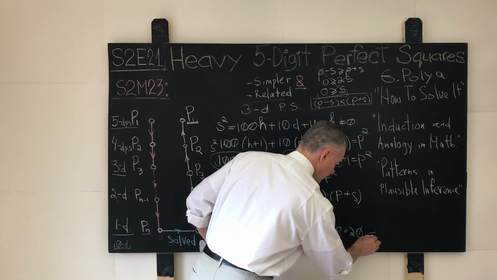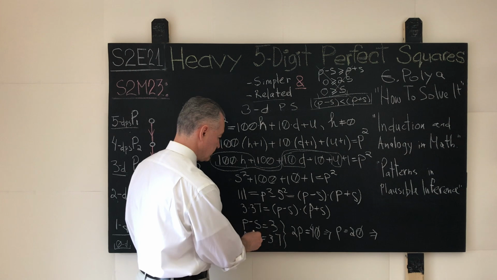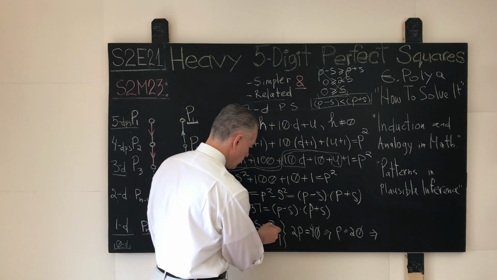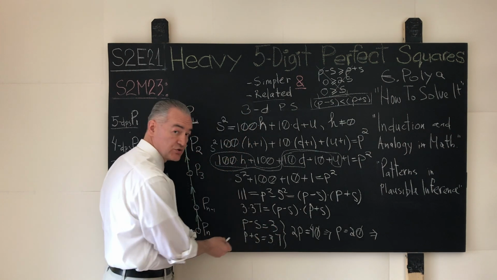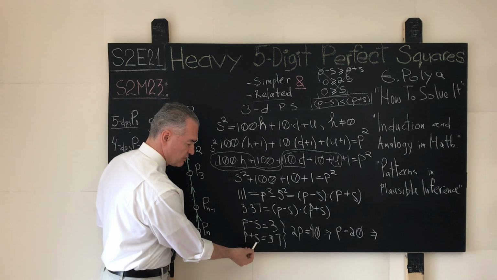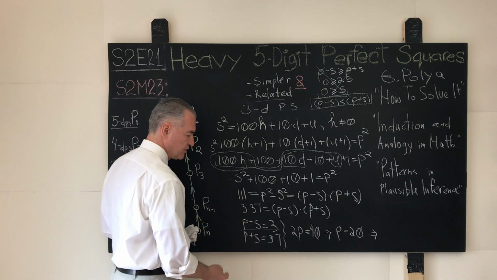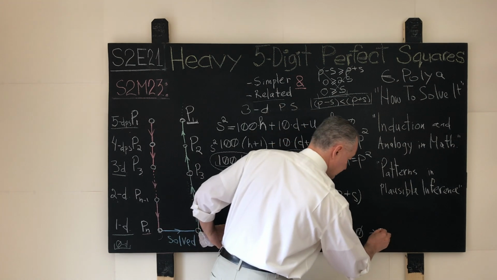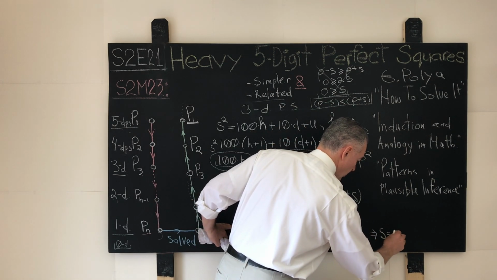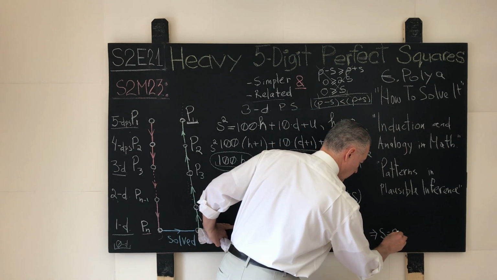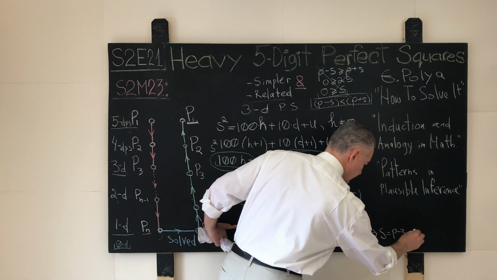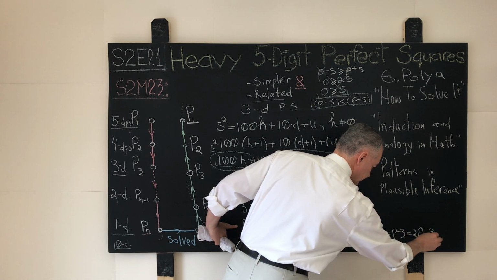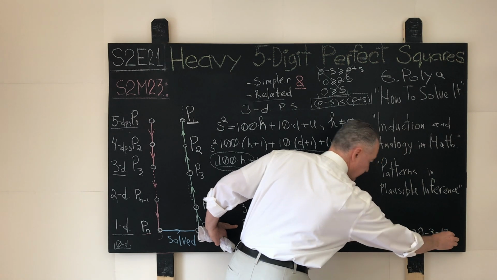It means that from here it follows that p minus 3, again, we have two equations to play with in order to recover the value of s. We choose to play with the smaller numbers. So then s is equal to p minus 3, that is 20 minus 3 is equal to 17.